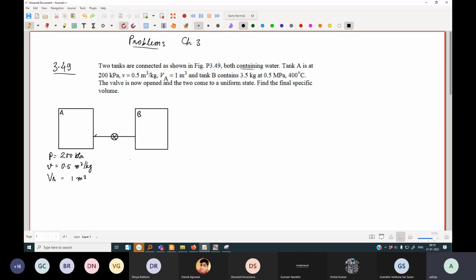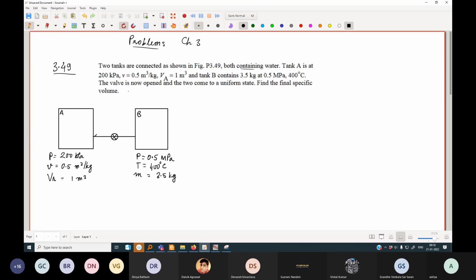Tank B contains water at a pressure of 0.5 megapascal at a temperature of 400 degrees Celsius, and it contains a mass of 3.5 kilogram. The valve is now opened and the two come to a uniform state. So the question is, find the final specific volume.